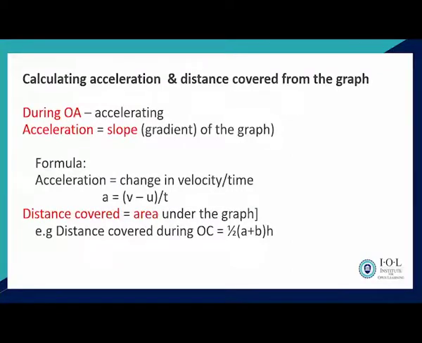We don't substitute distance from the formula for speed. That's what most of the students are doing. They make distance the subject of the formula, which is distance is equal to speed divided by time. That one is wrong. When it comes to the graph, that's not what we use. We use the formula for calculating the area of the shape.